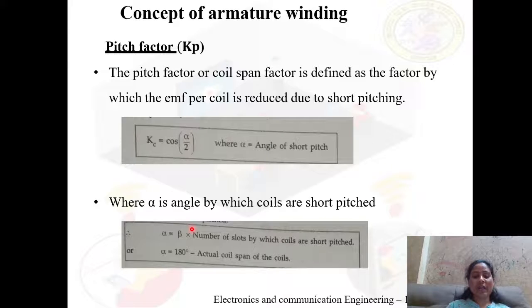Slot angle is the angle made by a single slot. Okay, so alpha is the angle by which the coils are short pitched, and it is calculated using beta times the number of slots by which the coils are short pitched. Beta is the angle provided by a single slot. So alpha is 180 degrees minus the actual coil span of the coil.